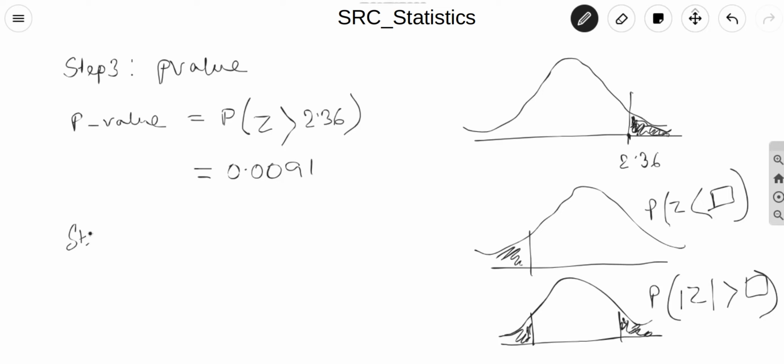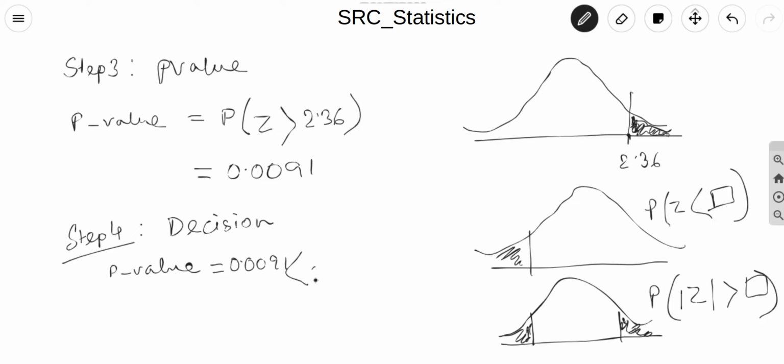Now step 4 is the decision. The decision is based on alpha and the p-value. So we compare the p-value with alpha. We can clearly see that the p-value is 0.0091, which is slightly less than, but it is less than 0.01, that is alpha. And if the p-value is less than alpha, we reject the null hypothesis.